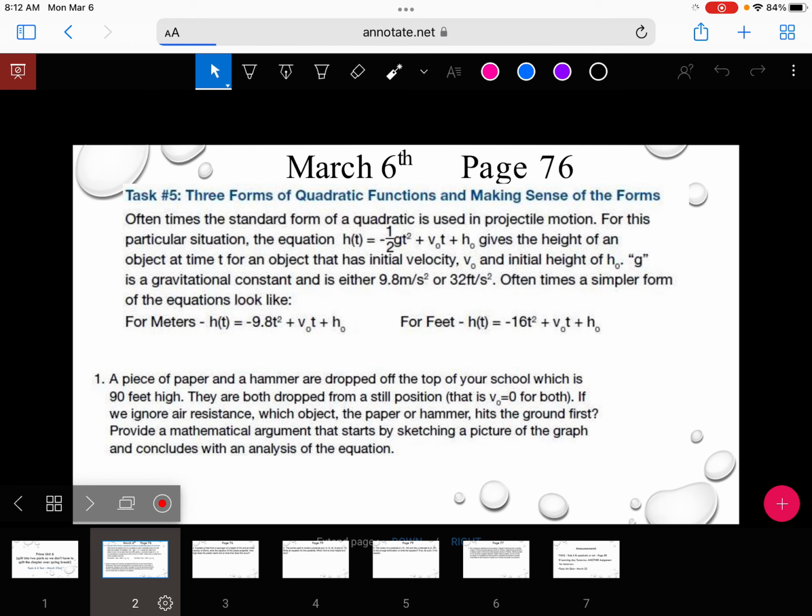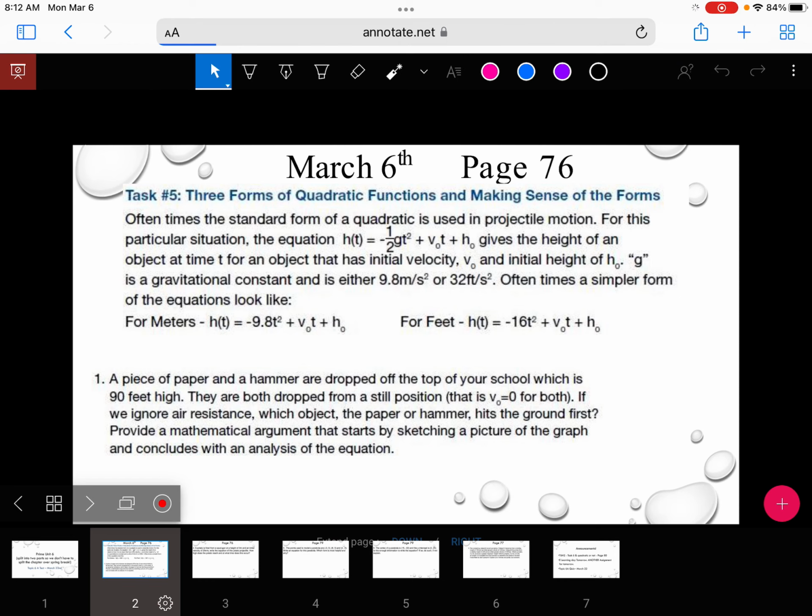Plus v naught. How fast is it going at the start of this experiment? How fast is it going at the start of the experiment?